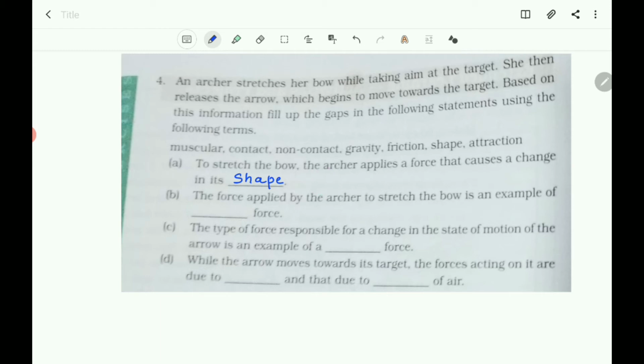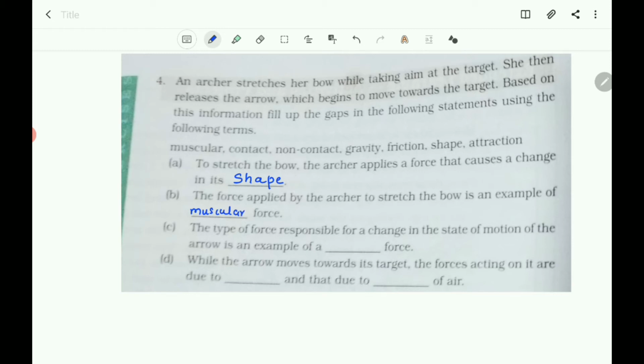Second, the force applied by the archer to stretch the bow is an example of blank. Here you know that the force applied by the archer is a muscular force. You write muscular force.